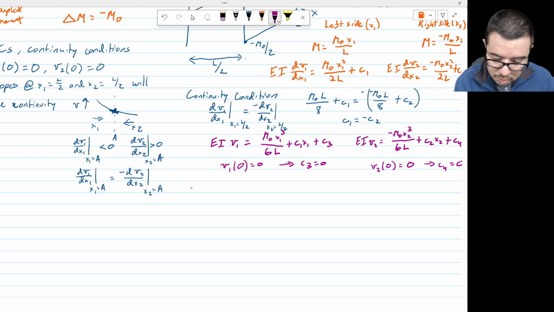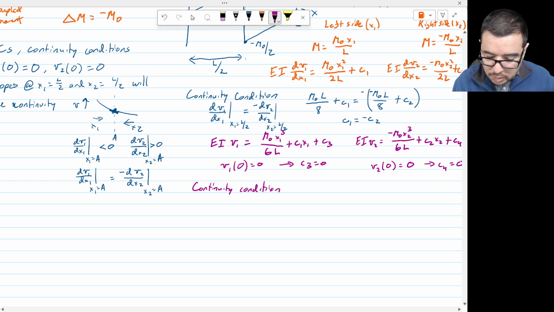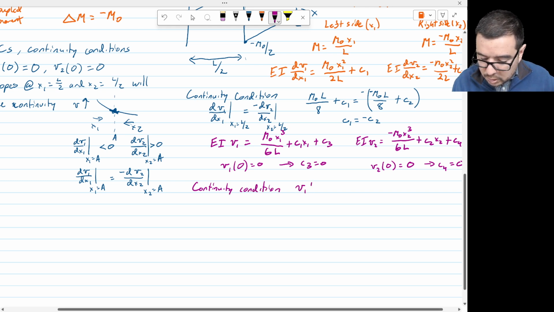So we can come up with yet another continuity condition, another continuity relationship, where we say that the v1 at L over 2 is going to be equal to the little v2 at x2 equals L over 2.